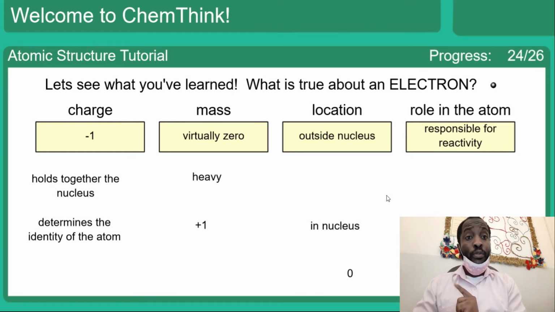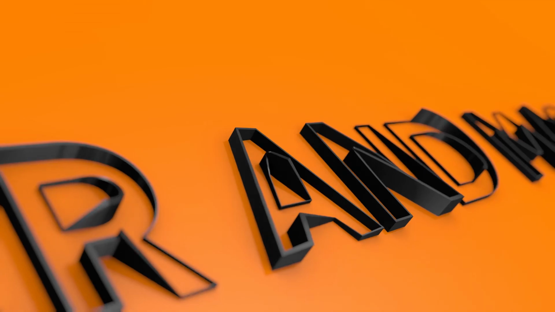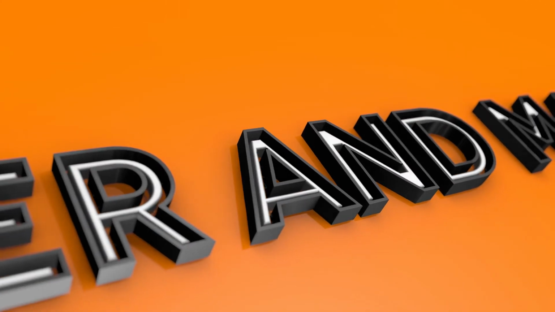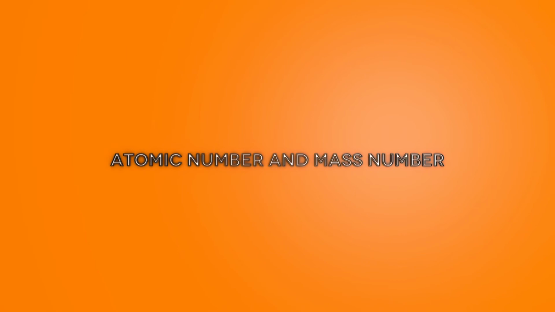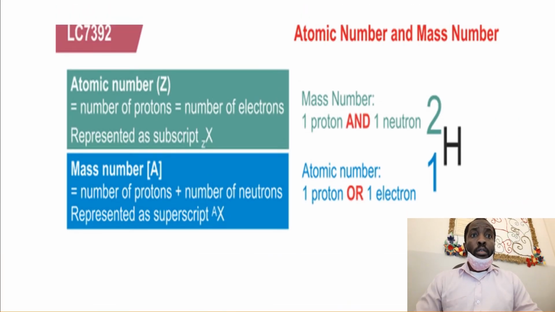Now we move further to the atomic number and the mass number of atoms. In an atom, we usually have the mass number and the atomic number.